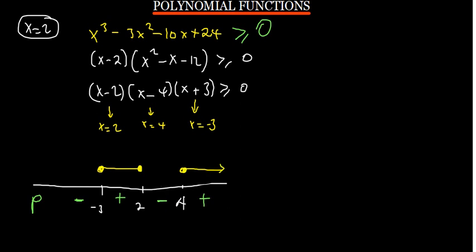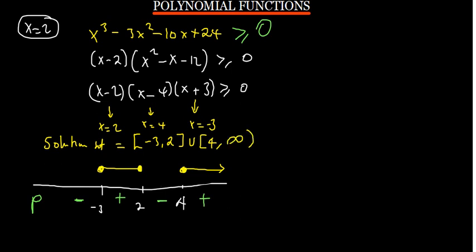If you can see, I am shading because this is greater than or equal to 0. If it was just greater than, I wouldn't shade. So therefore the answer to this inequality, the solution set, is going to be negative 3 comma 2 union 4 comma infinity. Infinity, you always use open brackets.